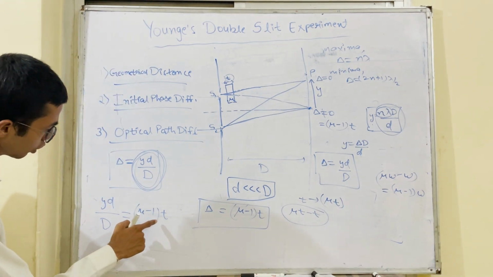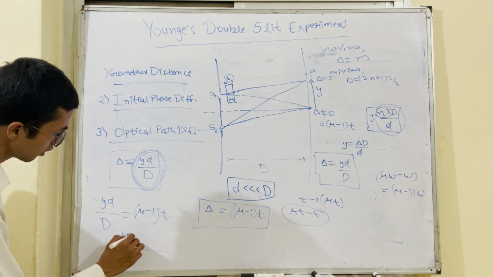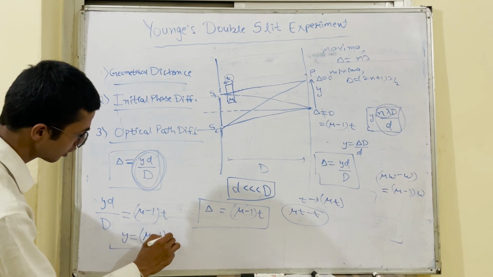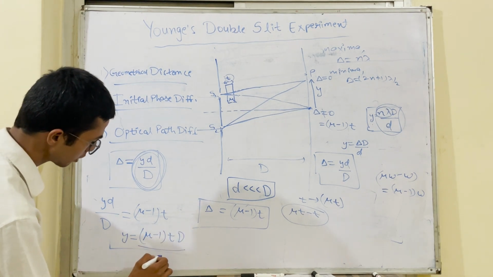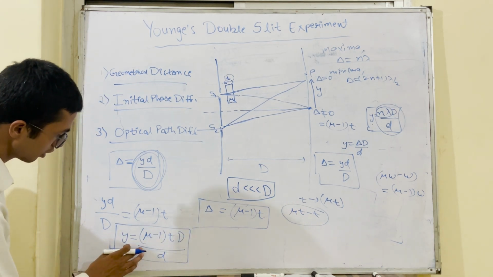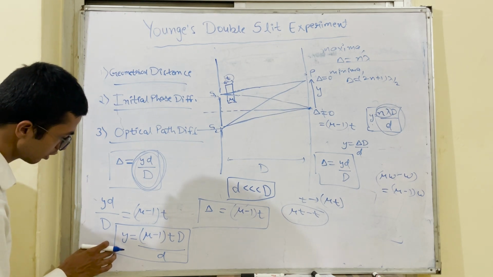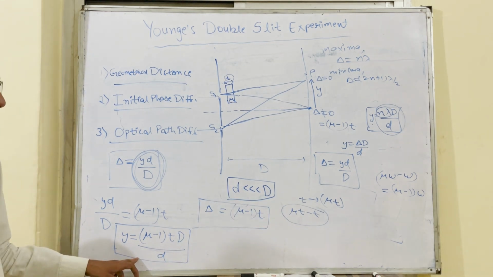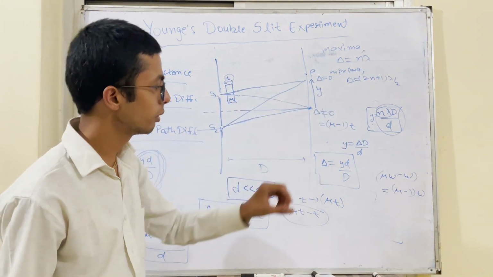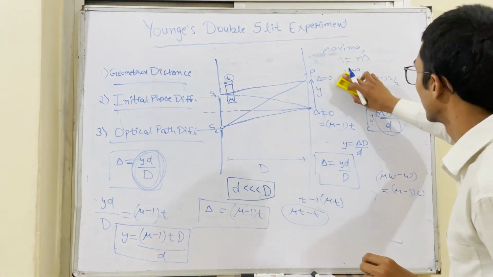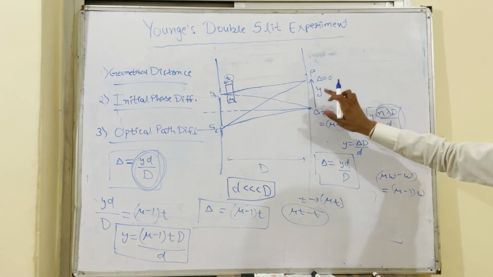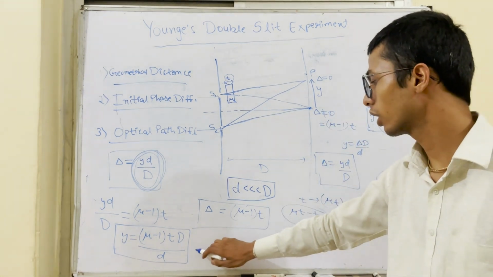Correct? So what should be y? Y would be (mu minus 1) t capital D by small d. That will be the y where the new central maximum will be, because delta will become 0 here. So there the new maximum will come.